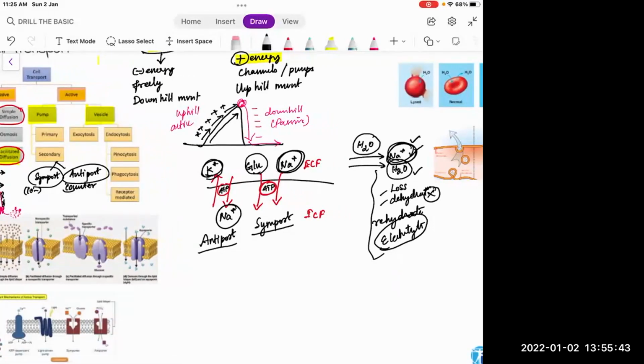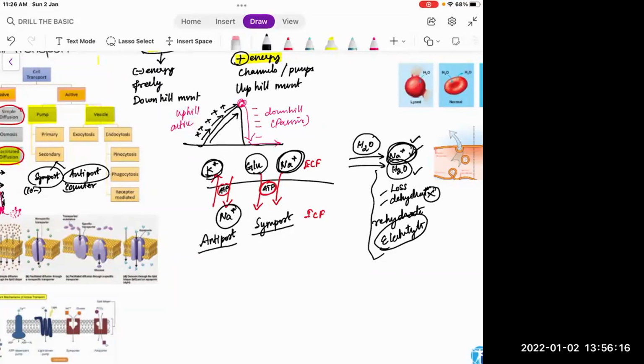So these primary and secondary mechanisms of active transport deal with solid molecules. When you deal with the vesicles, this is going to deal mainly with the fluids, how they are transported. If it is a solid molecule, like electrolytes, potassium, magnesium, sodium, glucose, amino acids, they are all solid substances, so you require channels and pumps for transporting all those things.